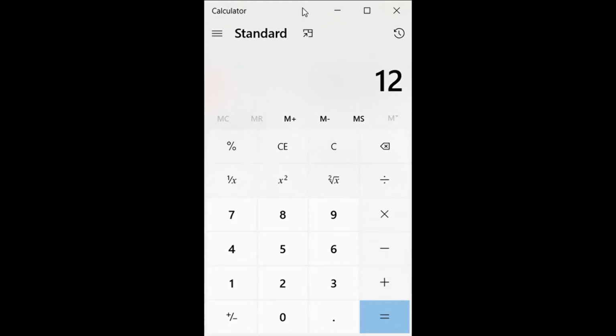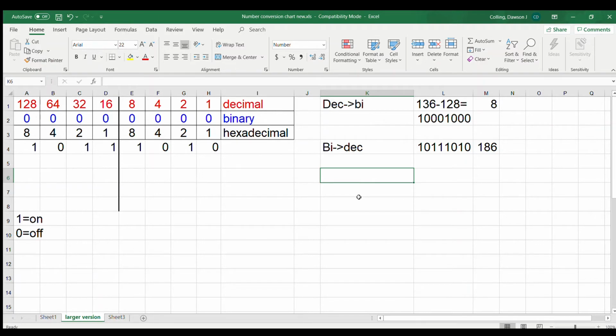So let's do 128 plus 32 plus 16 plus 8 and plus 2. And that comes out to be 186. So to reiterate, when converting binary to decimal, if the bit is off, do not add. If the bit is on, add.